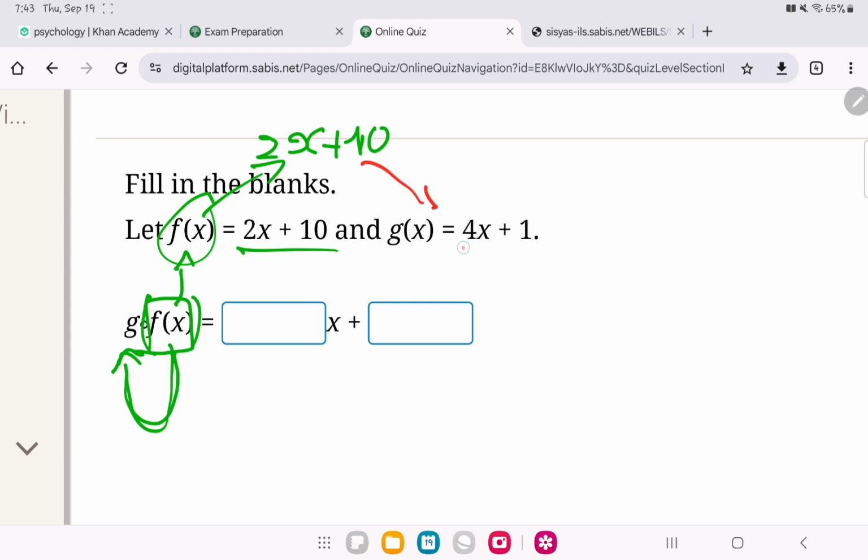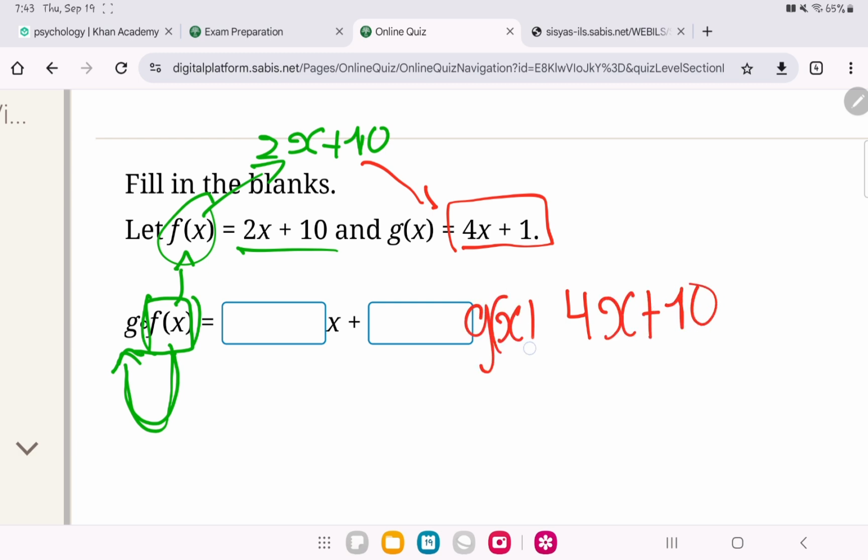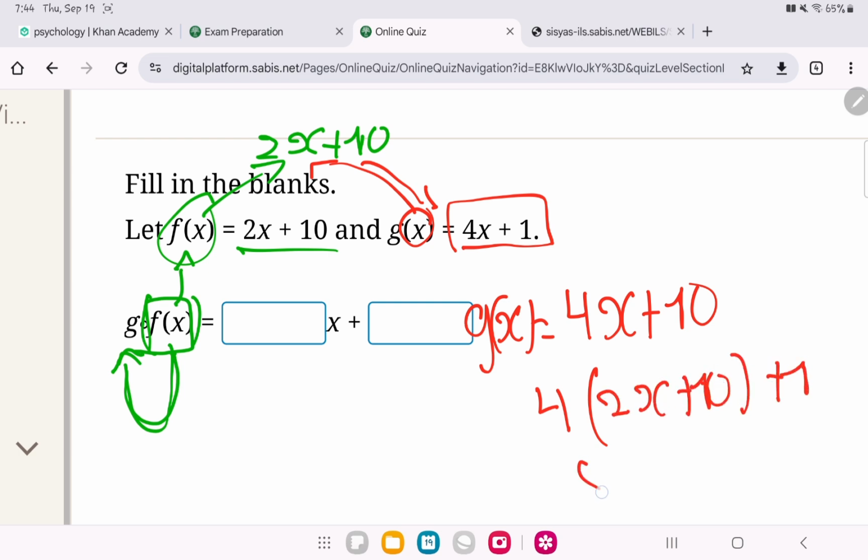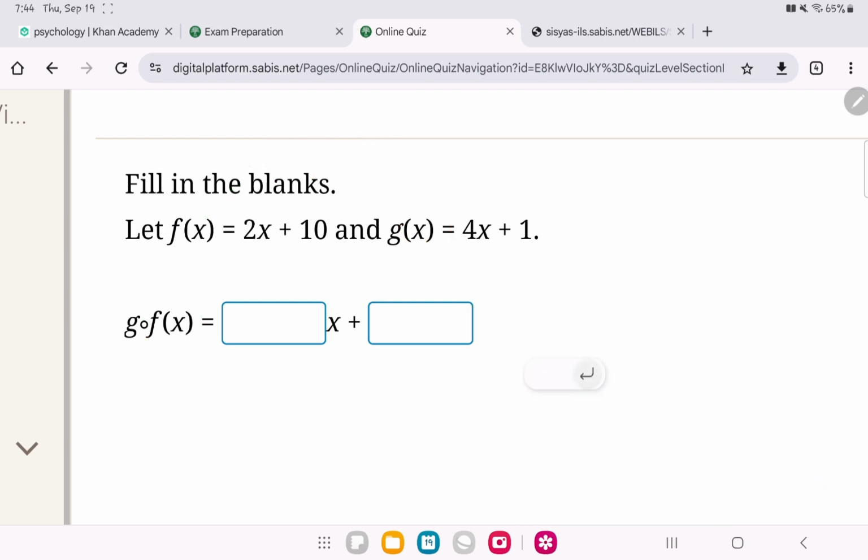If this is the equation of g(x), and we need to replace the x in g(x) by 2x plus 10, we're going to have 4 times (2x plus 10) plus 1. So then 8x plus 40 plus 1. Then we're going to have 8x plus 41.